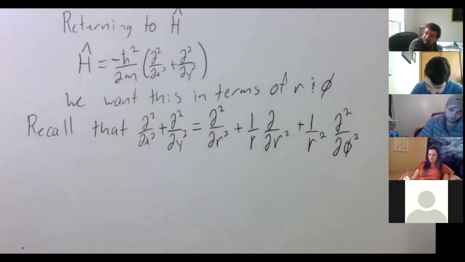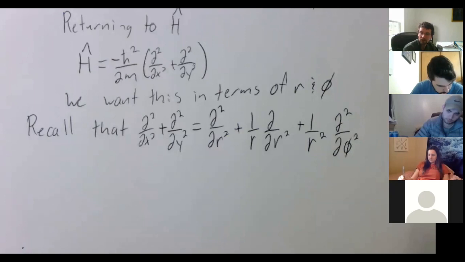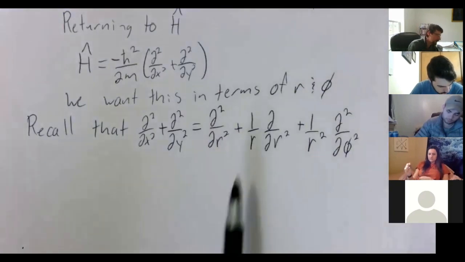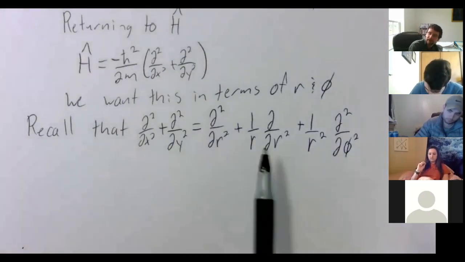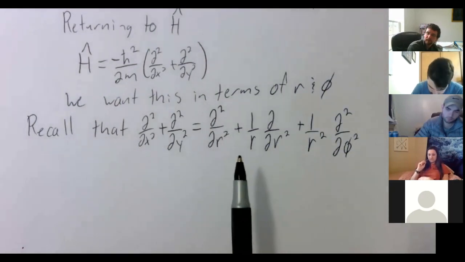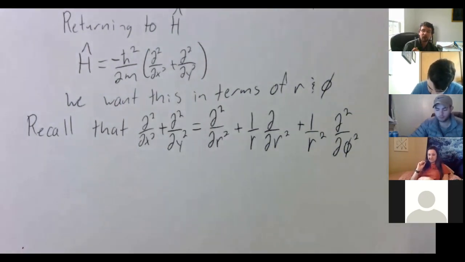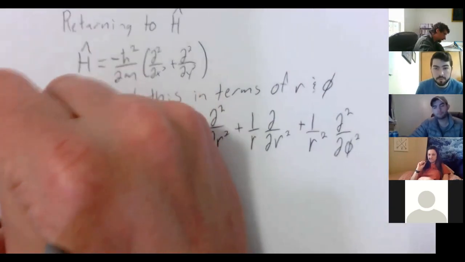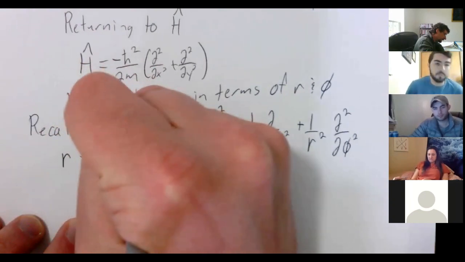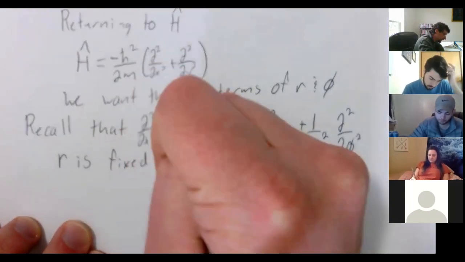No. It looks like we've just taken two terms and split it into three terms. That doesn't look too helpful. But there is something with our setup that is going to make this helpful. What do we know about any of these variables? r isn't 0, but r is constant, right? r is fixed, so the derivative with respect to r is always going to be 0.